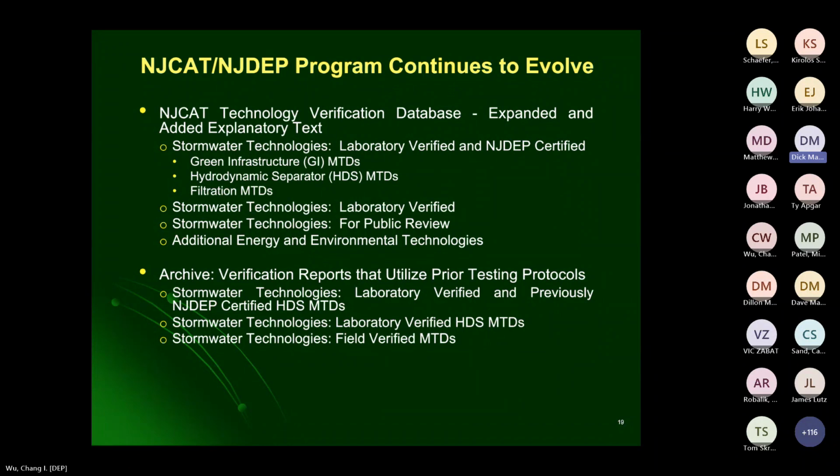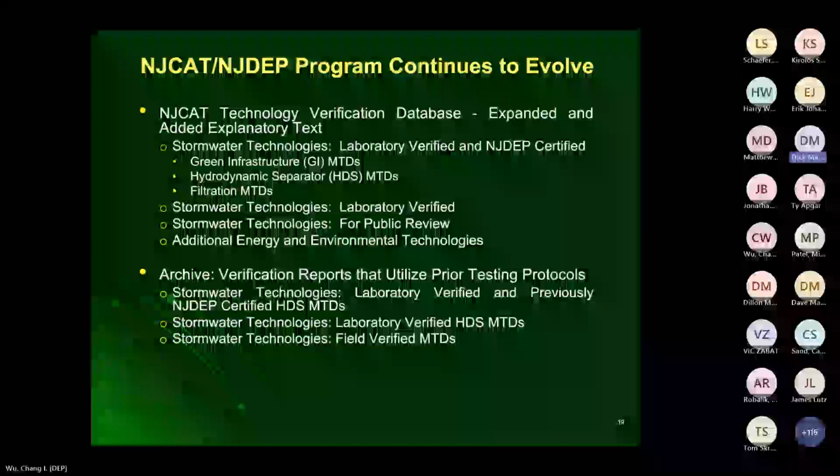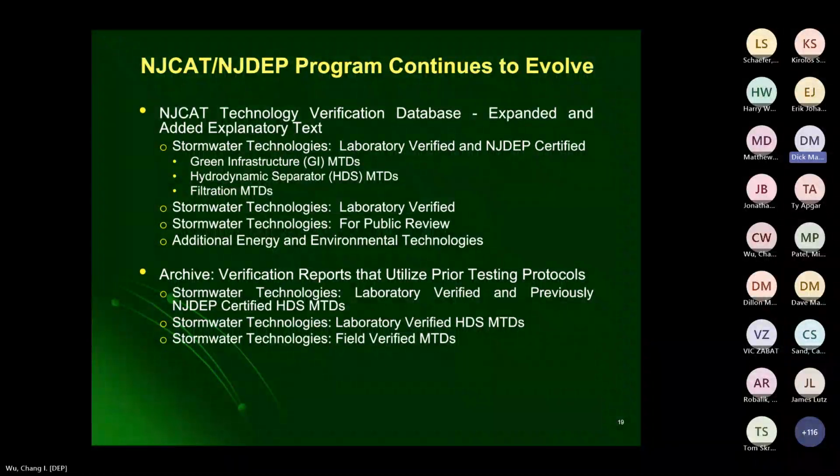I already mentioned earlier on that some technologies are sunsetting. I think there's at least 16 that have sunsetted already, and the number is growing. And again, it means that they were tested against the prior testing protocols going back to 2013. They're no longer recognized in New Jersey for use.